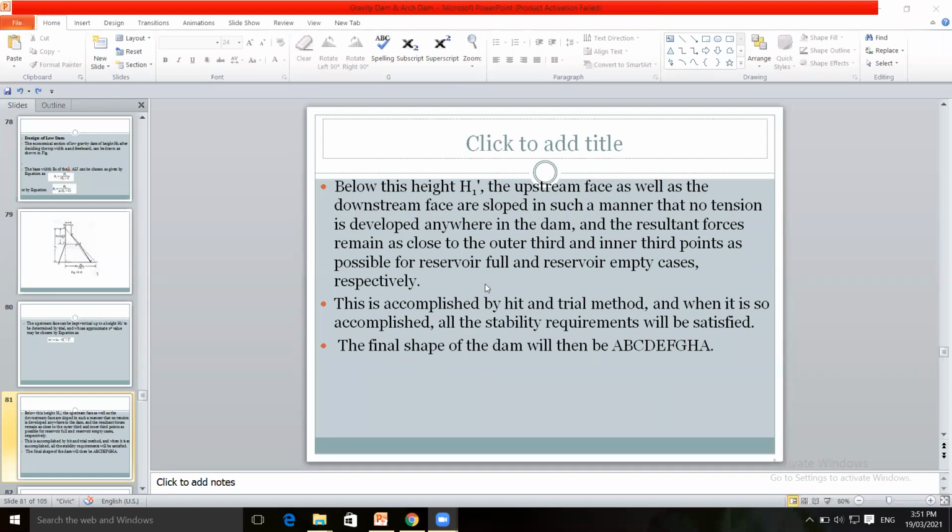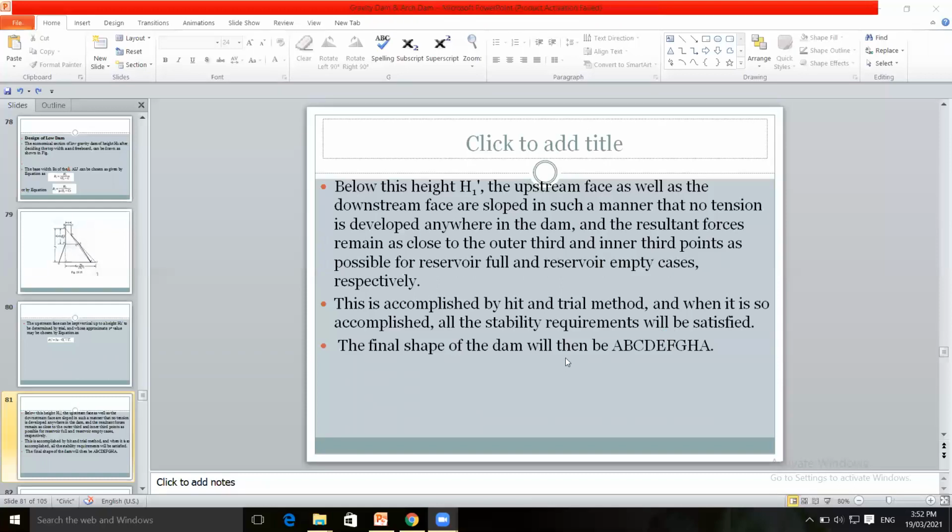So this is accomplished by the hit and trial method, and when it is so accomplished, all the stability requirements will be satisfied. After deciding the section of the dam, the stability requirements are satisfied.